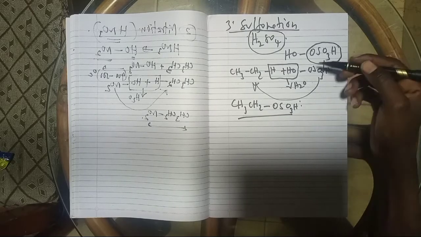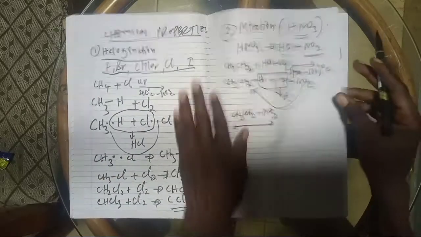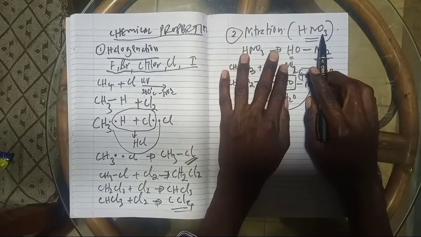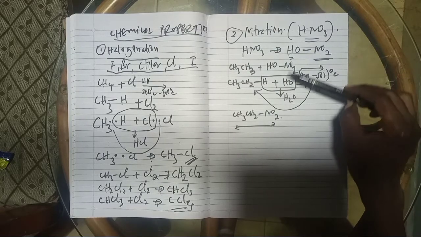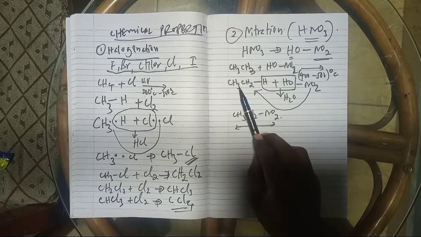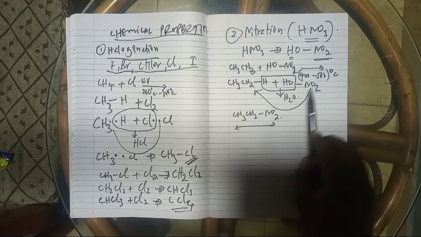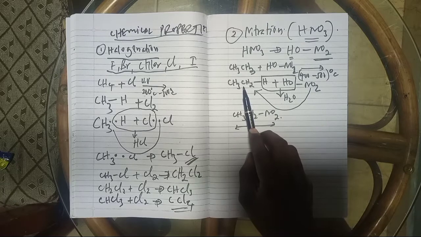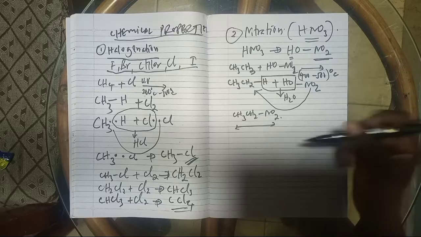Kwa maana hiyo sulfuric acid lazima uifafanue, hata nitric acid lazima uifafanue, kiasi kwamba sasa upate vitu viwili, ambapo sasa hii ina get together na hydrogen atom ambayo inatoka kwenye alkane pamoja na hydroxide zinatengeneza water. Halafu hii ambayo nitro inakuja kuungana na hii hapa, tayari inatengeneza kitu kingine, ambayo sasa hiki ndo major.